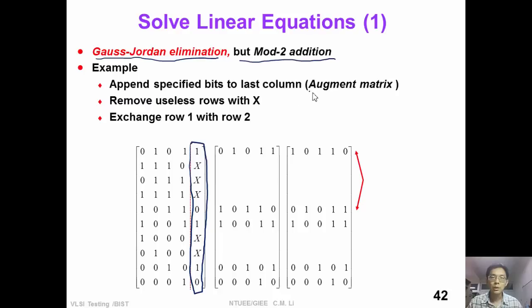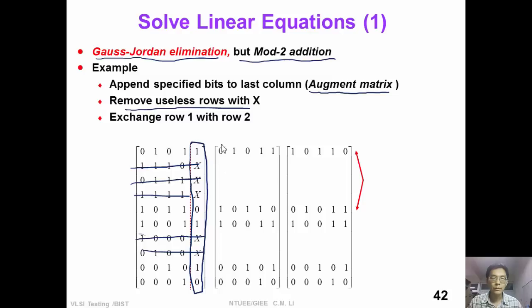This is also called the augmented matrix. After that, we will remove the useless rows with X. Those are don't cares, so we don't need to solve them. And then we will try to solve this system of linear equations by Gauss-Jordan elimination.